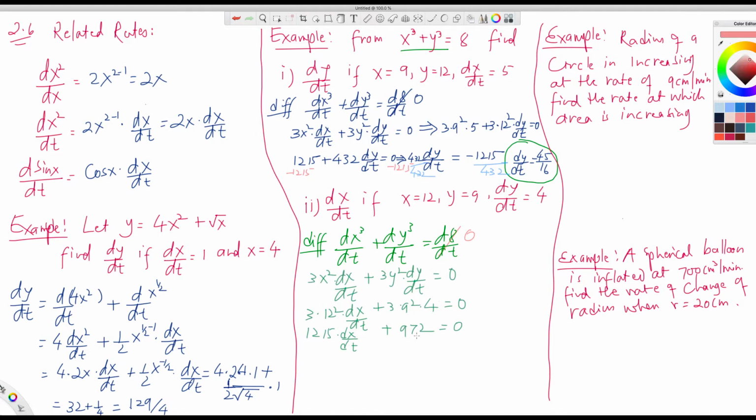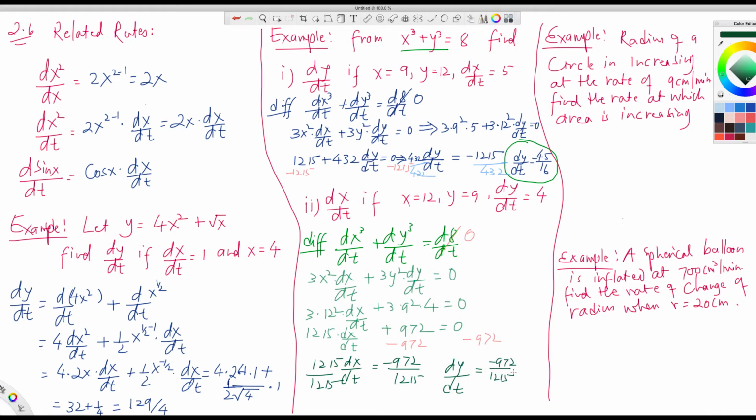Now what we do next is subtract 972 on both sides, and then divide by 1215. So you get 1215 dx over dt equals negative 972, and then divide by 1215. You get dx over dt equals negative 972 over 1215.